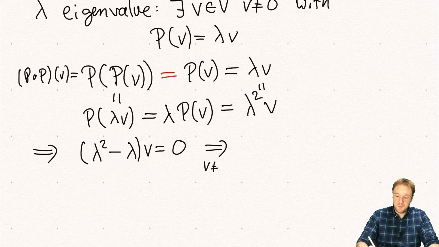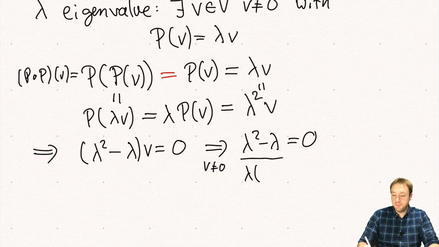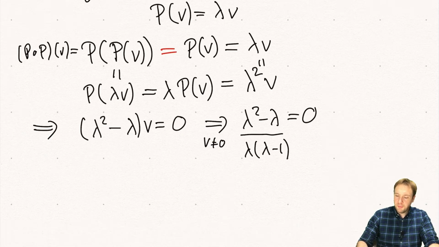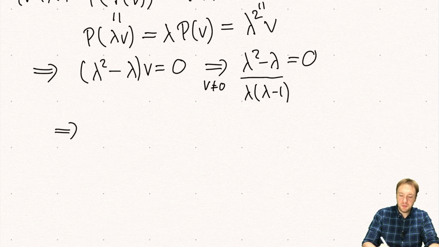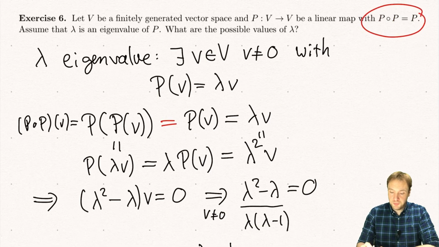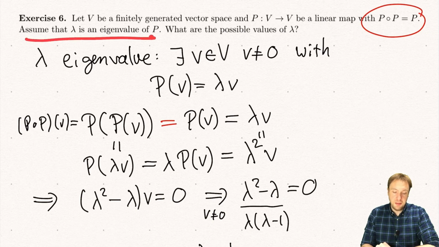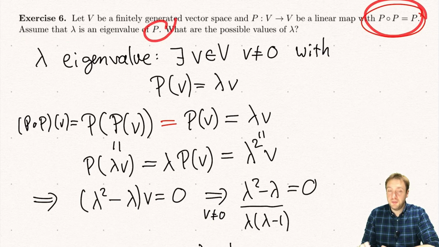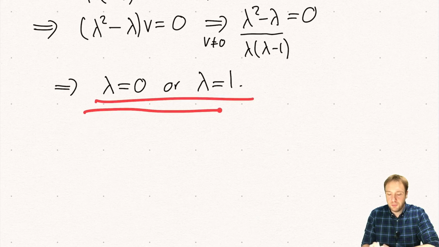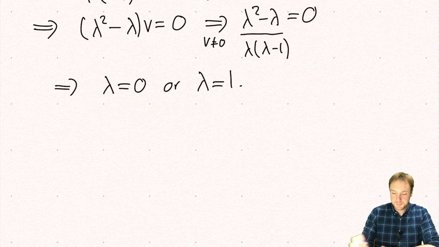So here we use that v is not 0, and therefore lambda squared minus lambda equals 0. Or we can also write this as lambda times lambda minus 1. But then we see the only possible choices for lambda are that lambda is 0 or lambda is 1. So the answer to the question: if lambda is an eigenvalue of P such that this property is satisfied, then the only possible choices for this eigenvalue are either lambda is 0 or lambda is 1.